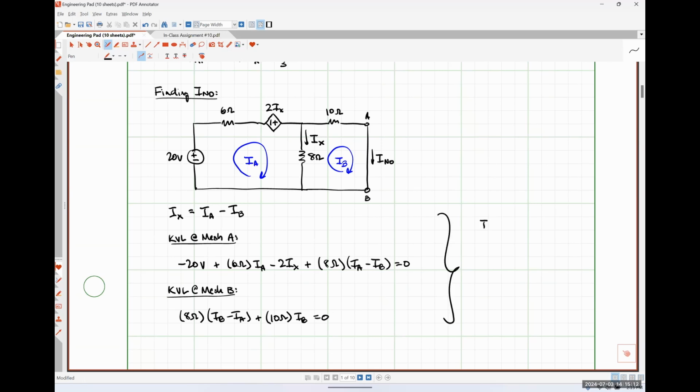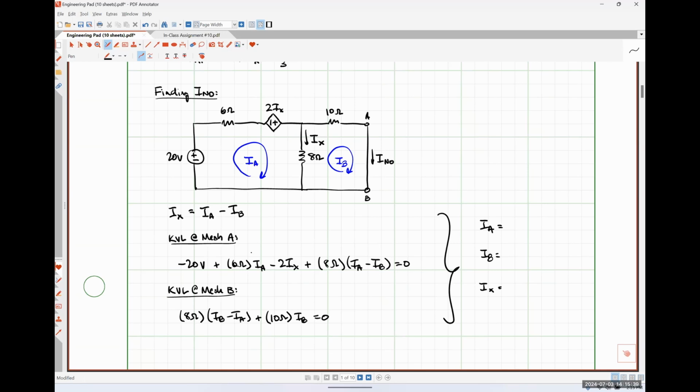So I'm solving for IA, IB, and IX. Rearranging my first equation, I have a coefficient of 1 for IA. The coefficient for IB is -1, and the coefficient for IX is also -1. When I move IX to the other side of the equal sign, my constant term is 0.